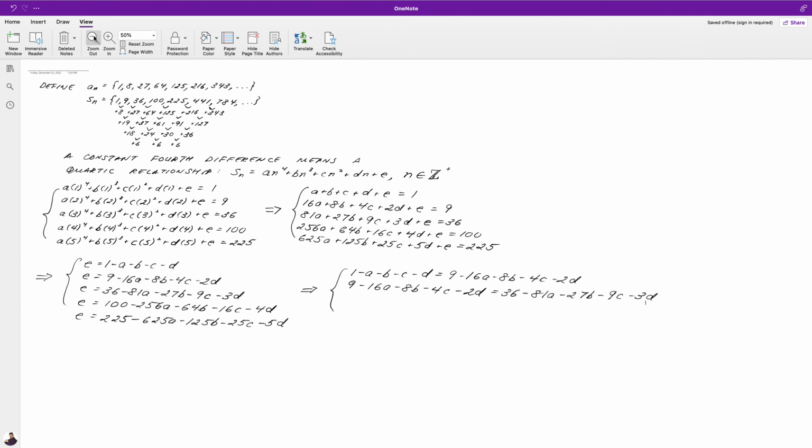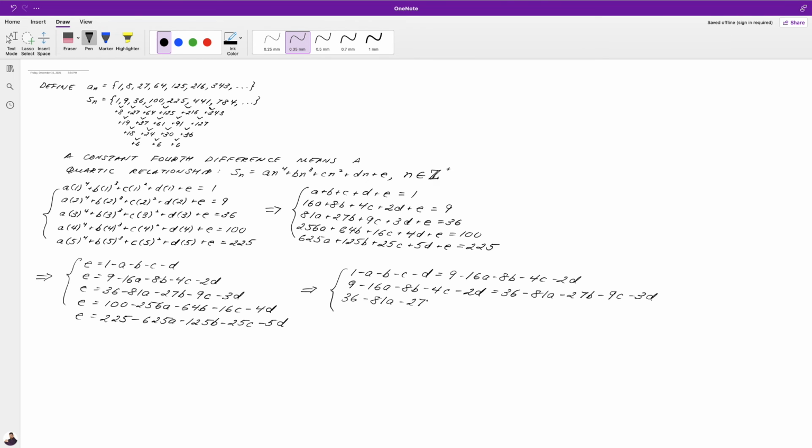Okay, let's zoom out again. Let's set the third equation equal to the fourth one. That's going to give us 36 minus 81a minus 27b minus 9c minus 3d equals 100 minus 256a minus 64b minus 16c minus 4d.